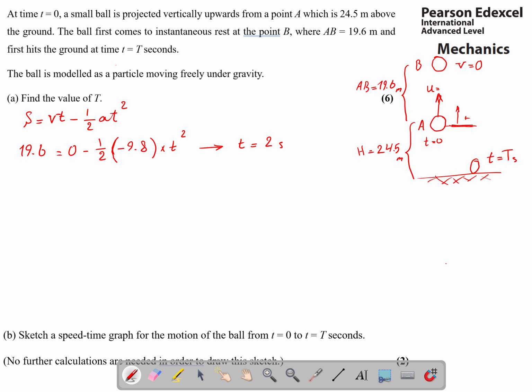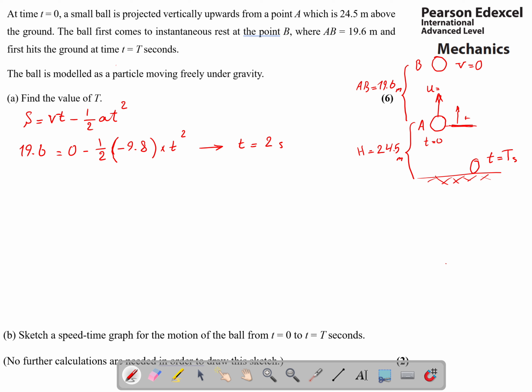We can find the initial velocity because final velocity equals 0 and we have the time. First we find the initial velocity, and after that we can find the time between the initial point and final point.